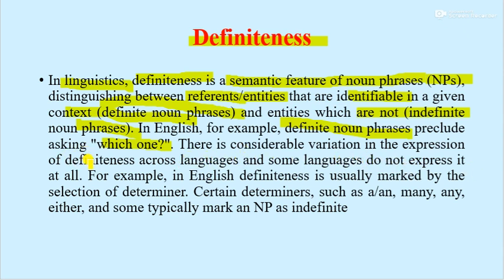There is considerable variation in the expression of definiteness across languages, and some languages do not express it at all. For example, in English, definiteness is usually marked by the selection of a determiner. Determiners such as a, an, many, any, either, and some typically mark noun phrases as indefinite.